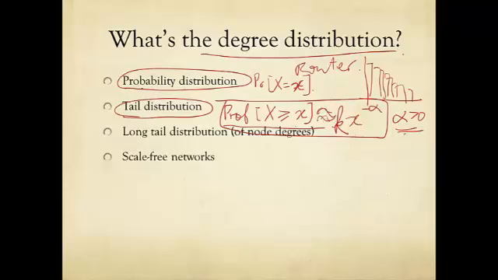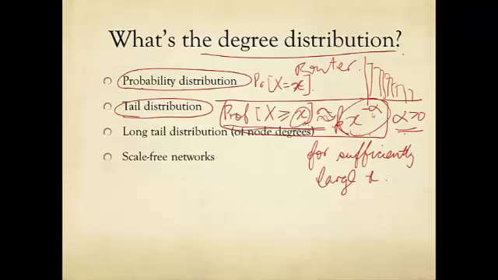And this approximate symbol basically says that this holds for sufficiently large x. In other words, initially the tail may not look like x to the power minus alpha, but when x is large enough, the tail eventually will look like this.